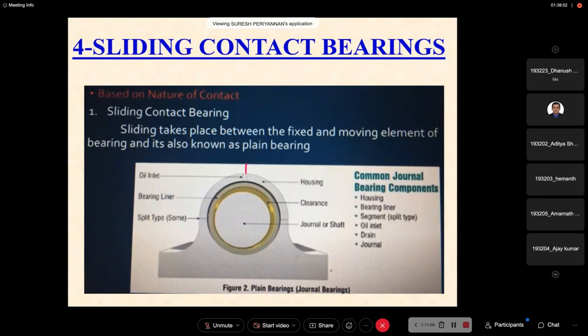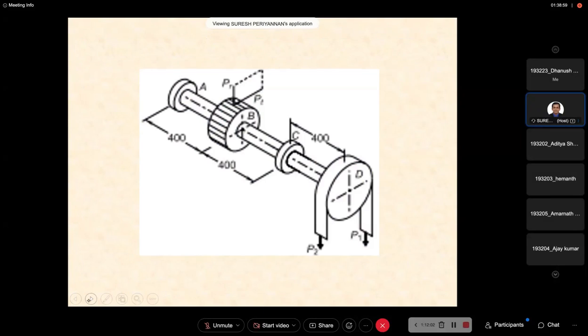In the first class, in the soft couplings, I showed you one diagram. The same diagram I'm going to follow up to the end of this subject. Not only does it reduce friction, it supports the radial load and axial load, and simultaneously transmits the power without any jerk.